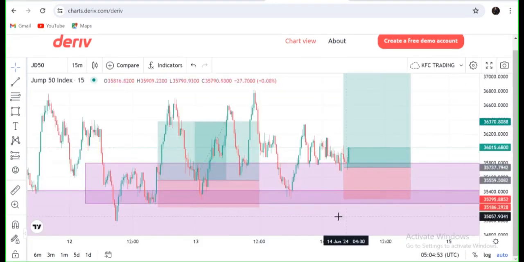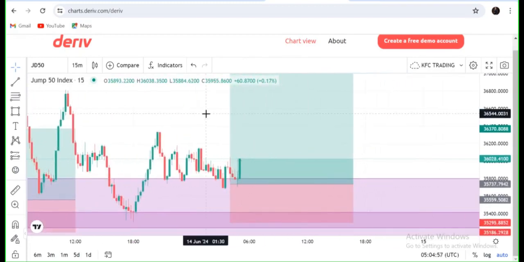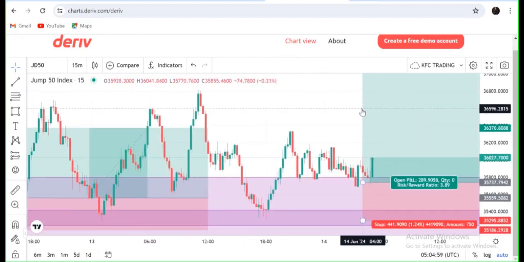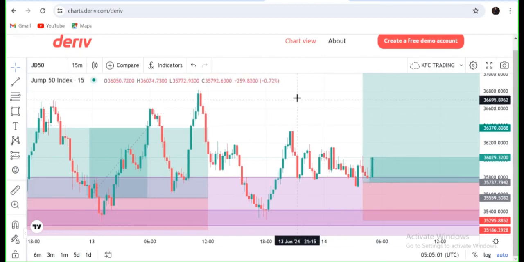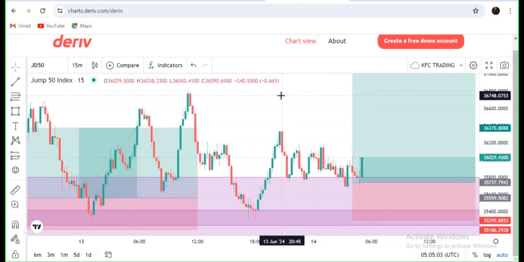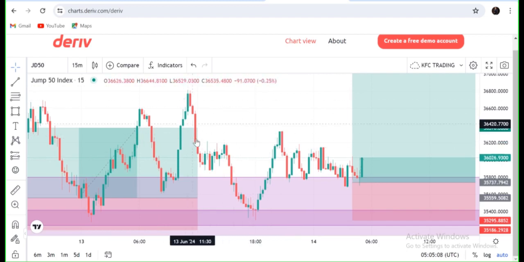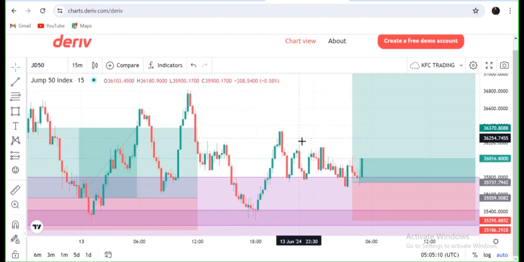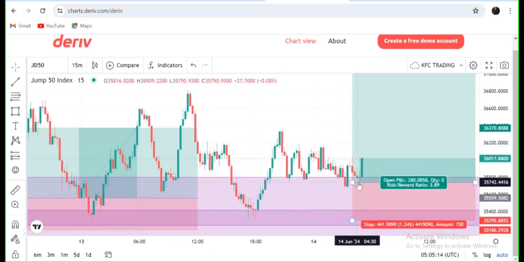I just thought to give you the trigger updates. As you can see, the analysis was perfectly done, and what happened now is price eventually went into our area of confluence, and the moment price got into our entry point, you'll notice that it got triggered.